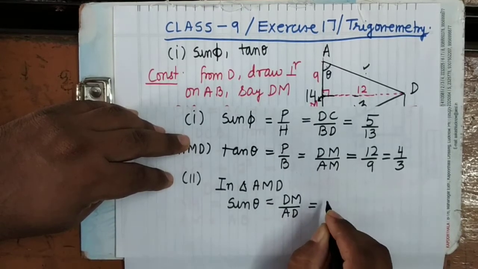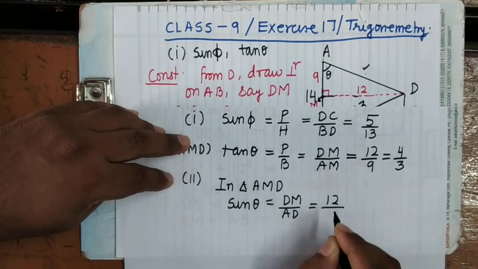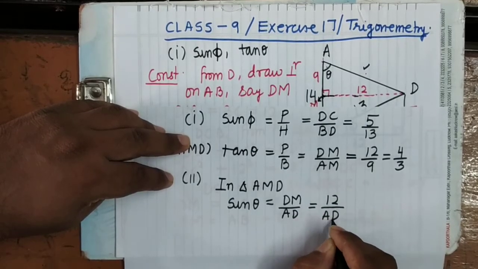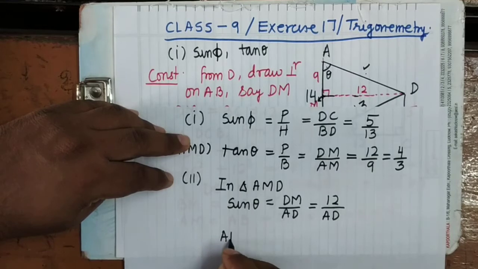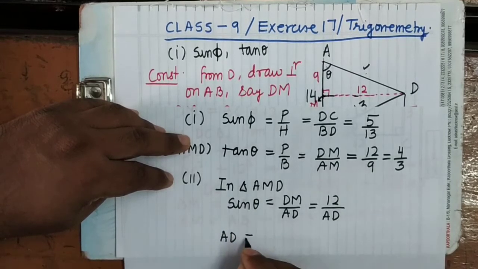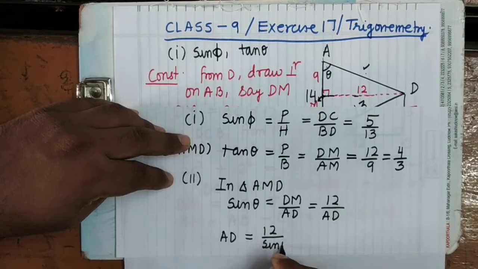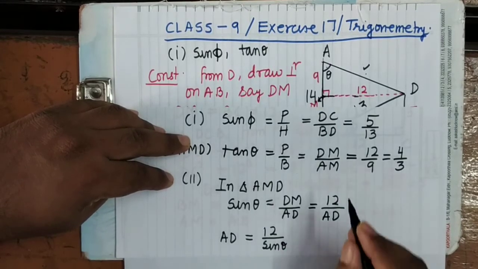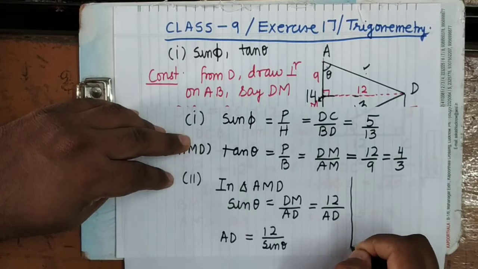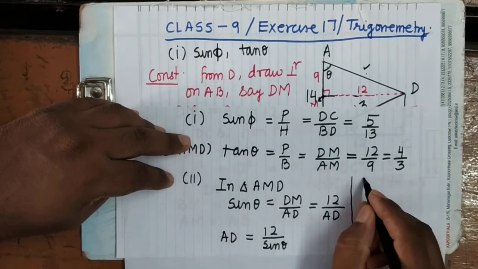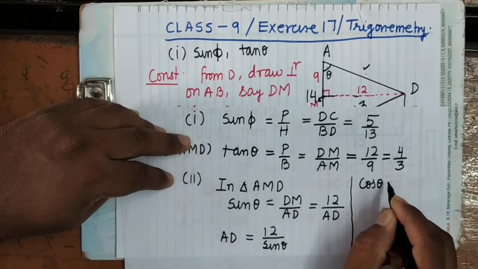DM is 12, so 12 upon AD. So, what will be AD? AD will be 12 divided by sine theta.